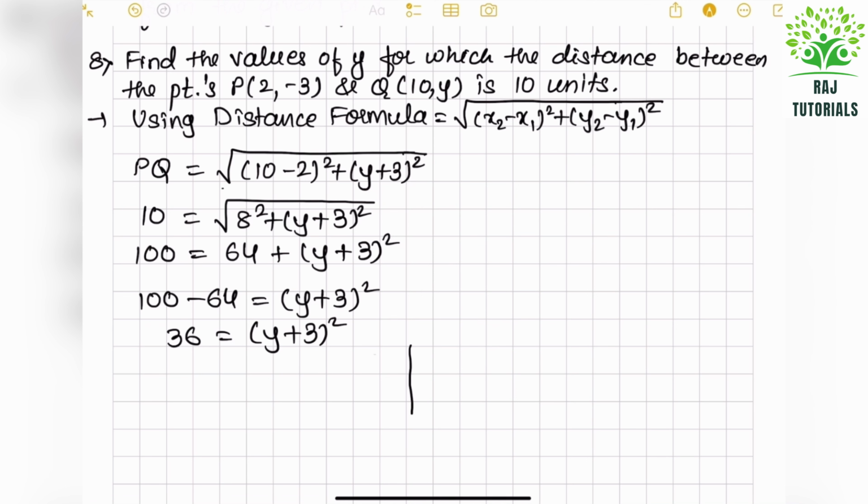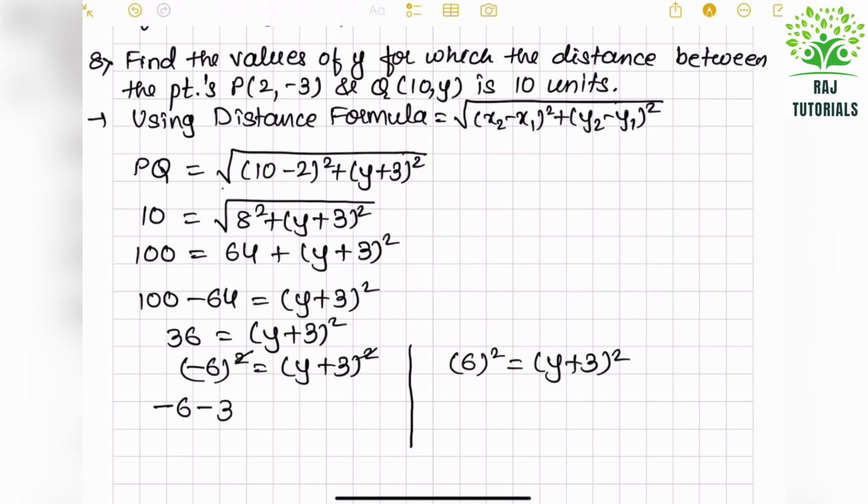So now 36 is square of both minus 6 and plus 6. So I can have two options here. Either minus 6 equal to y plus 3, or 6 equal to y plus 3. So minus 6 minus 3 equal to y. So y equal to minus 9.